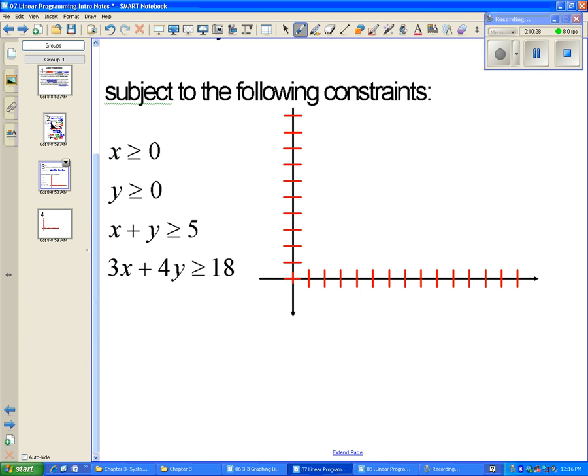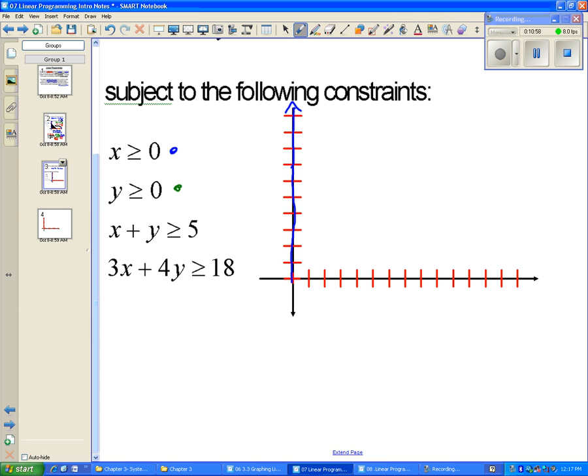So the first thing I want to do is graph these. X is greater than or equal to 0, so I want all x's that are greater than or equal to 0. Y can be whatever I want it to be. So that is going to be, again, to the right of the y-axis. Y is greater than or equal to 0.